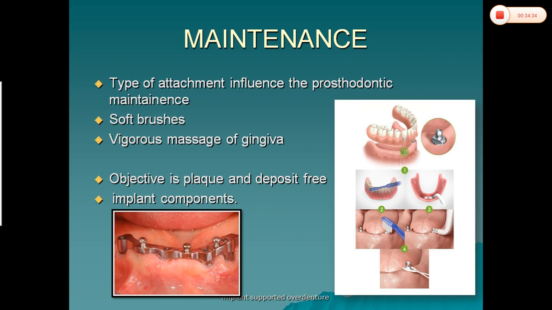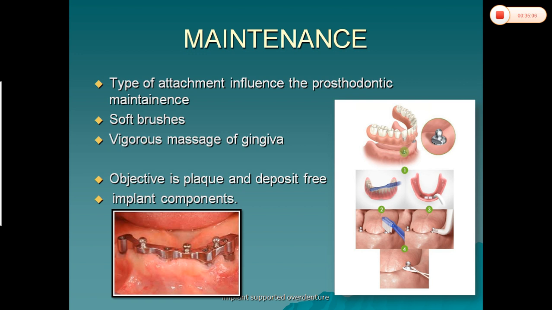When the patient comes periodically, any minor adjustments required for the overdenture have to be done, and also the peri-implant tissue, the tissue surrounding the implant, has to be evaluated. If required, radiographs will be made, and the level of osseointegration can be evaluated.